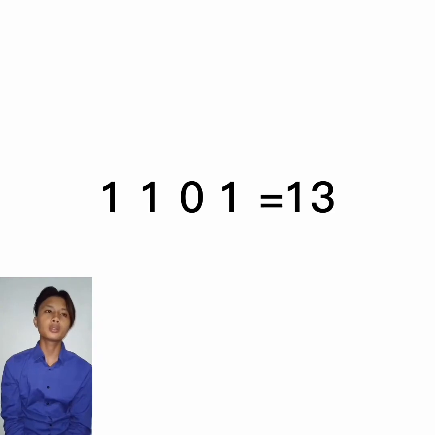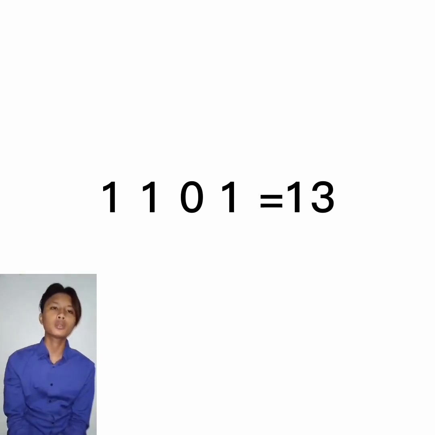Now, a very easy way to do this in the other direction, because obviously you might not know off the top of your head how many digits you're going to need, since it goes 1, 2, 4 and gets higher and higher.